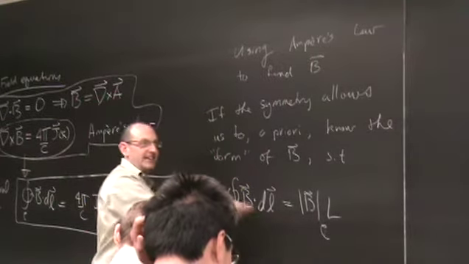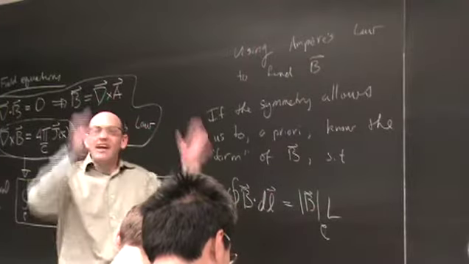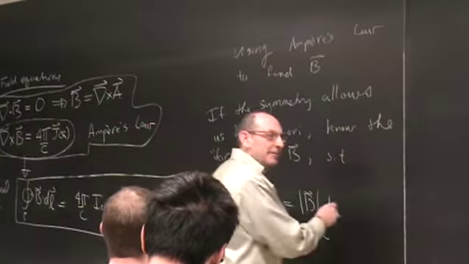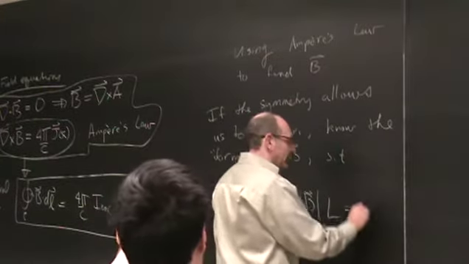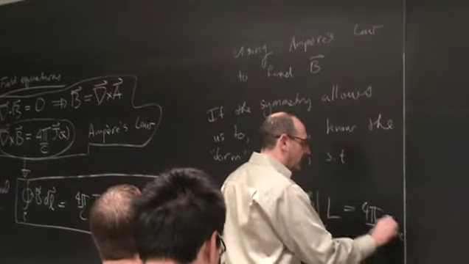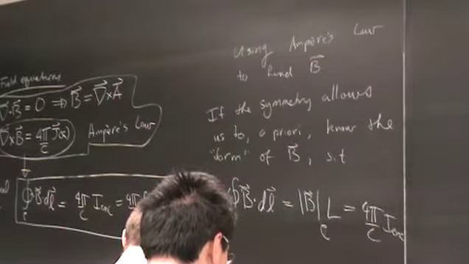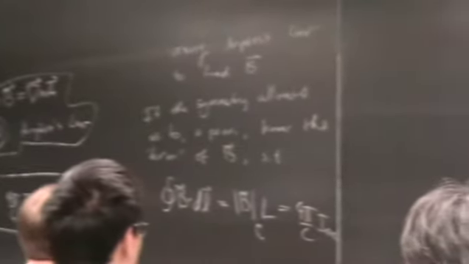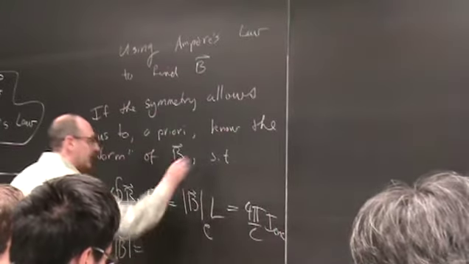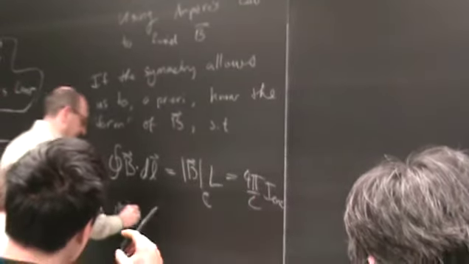But if the integral is trivial, and you can just write B dot dl as the magnitude of B times the length of the contour, you've solved it. Because then that's equal to 4 pi over c times the enclosed current, also known as mu naught. And we could just solve for the magnitude of B. And we know the form of B, meaning we know its magnitude and its direction.